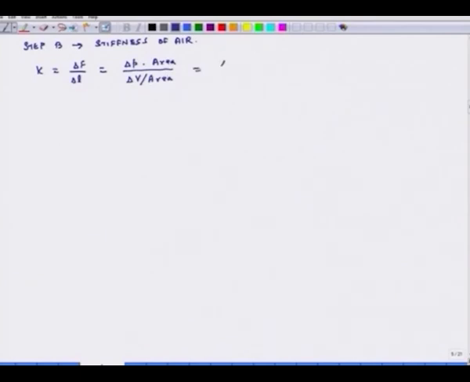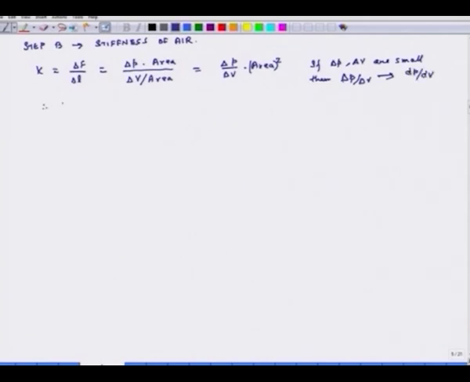So, what I get is, now, if these changes are extremely small, if delta P, delta V are small, then delta P over delta V in the limit of this thing going to 0 approaches dP over dV.